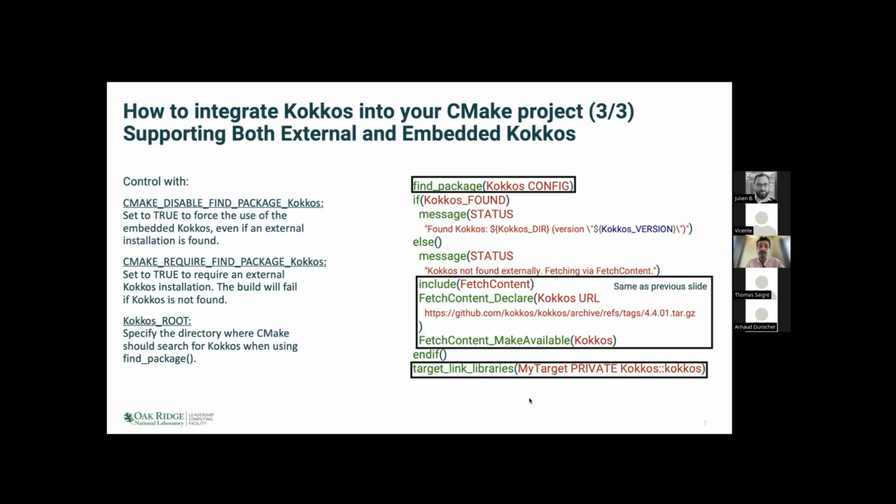But if you don't have it on your system or it failed, then you can fall back to something that retrieves a version that you want to bundle. So here, I think it usually makes slightly more sense to do it with a fetch content because it's kind of weird to have a placeholder for Kokkos already in your code base, but still retrieve it. So I think fetch content is slightly better of a fit here.